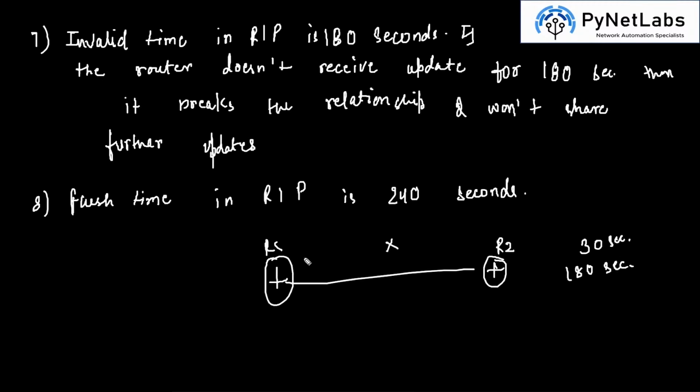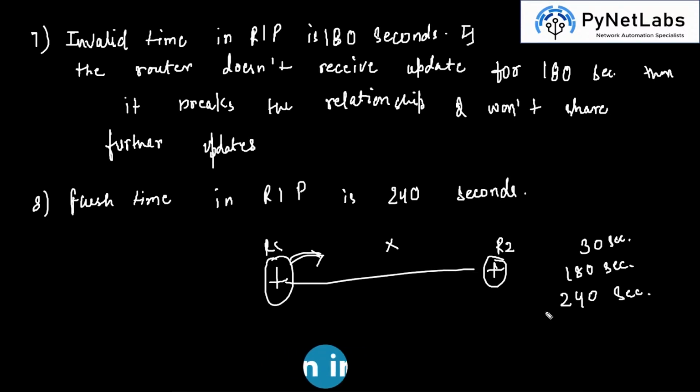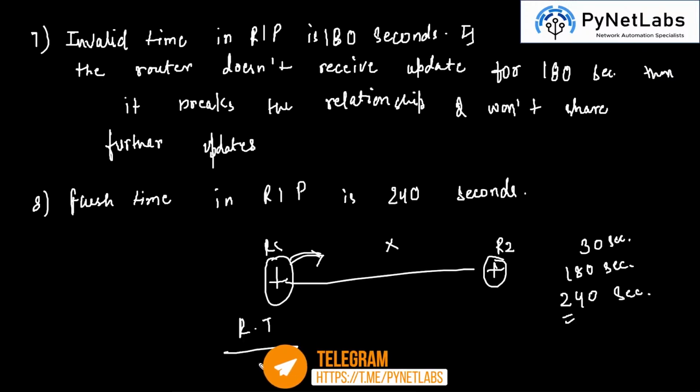Break relationship means R1 will not share any update with R2 or share traffic to R2. After 180 seconds, R1 again waits for 240 seconds, and in case R2 still doesn't share any update, then after 240 seconds R1 will remove from its routing table all the routes which are connected through R2.